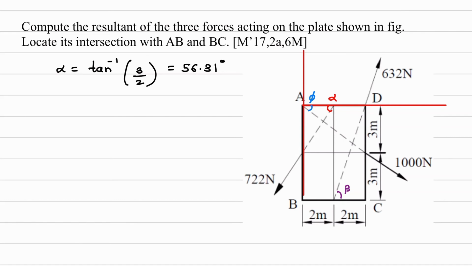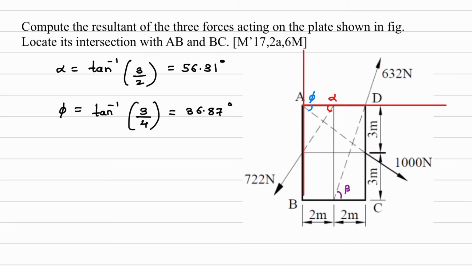Then next we will consider angle phi. So for this triangle, tan phi is opposite, which is 3, upon adjacent, which is 4. So we'll write it down, tan inverse 3 by 4. From here you will get phi, which is 36.87 degree.